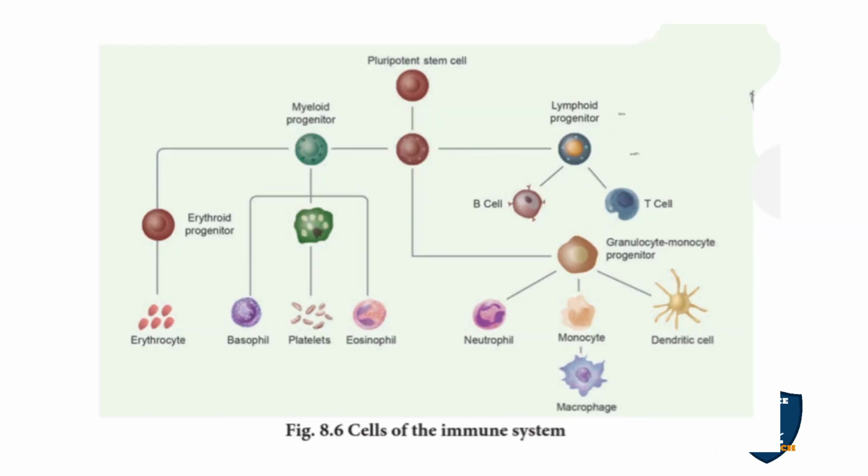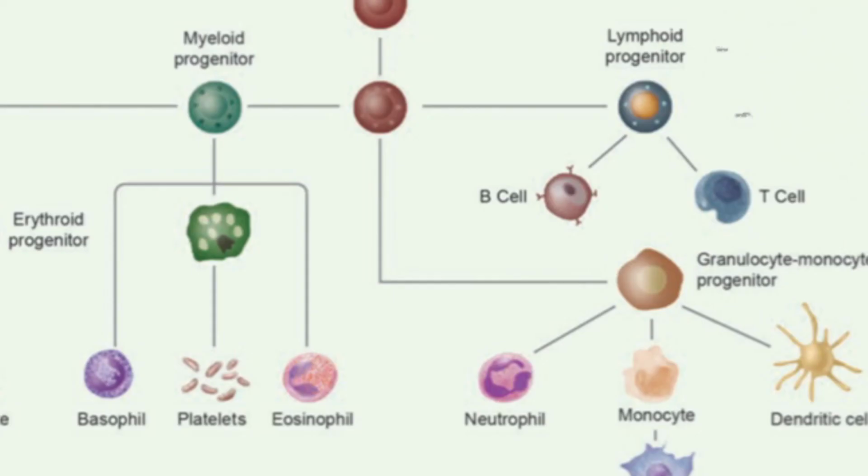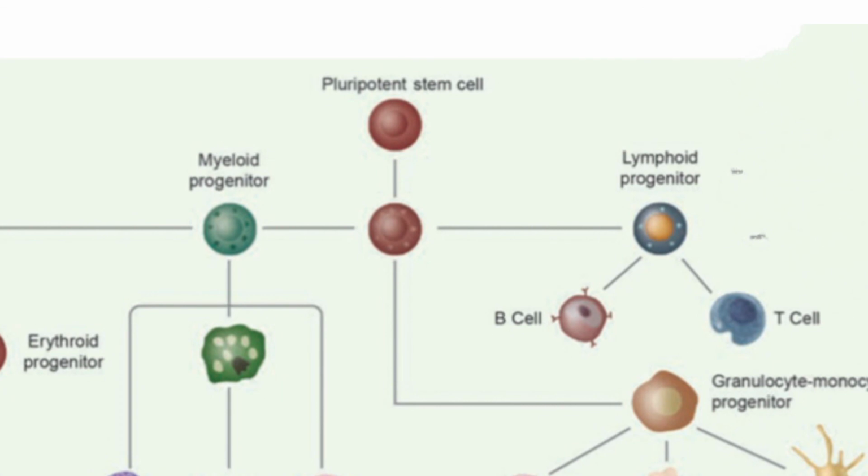Here you can see the various types of cells of the immune system. You can see the pluripotent cell. From this stem cell only the WBC or RBC develops.